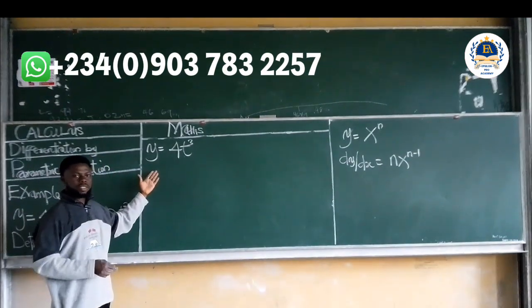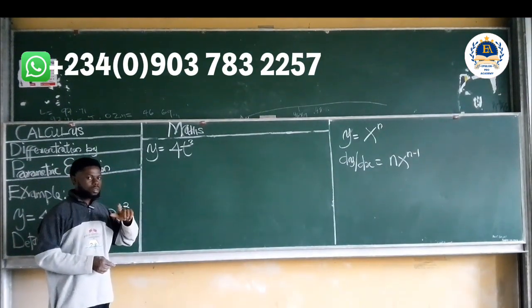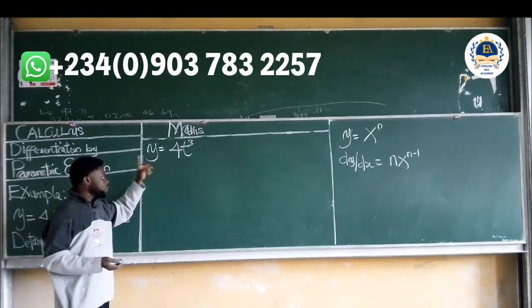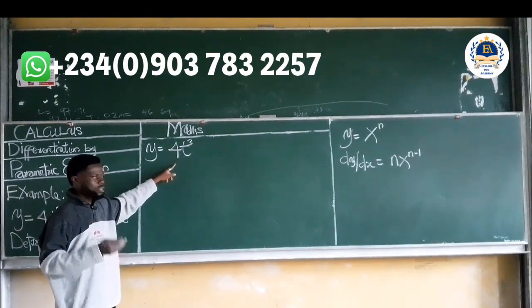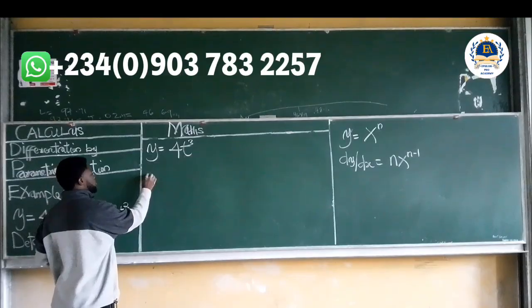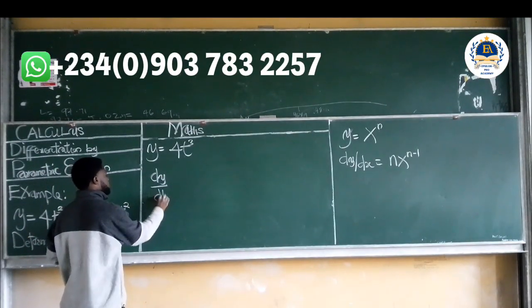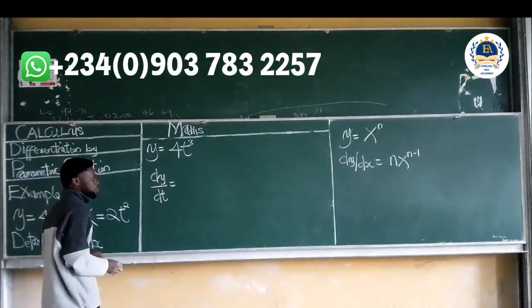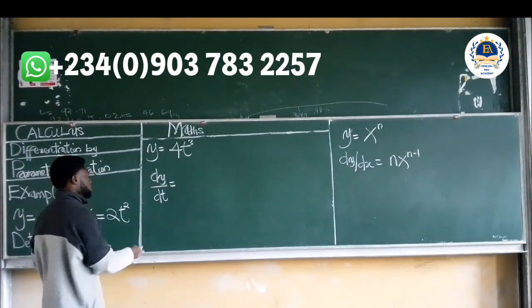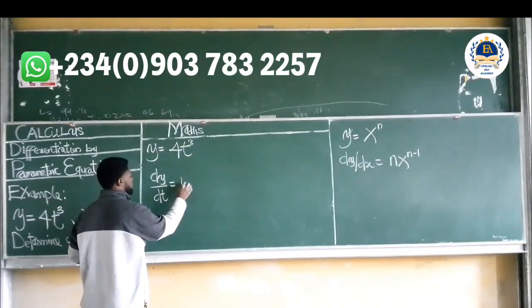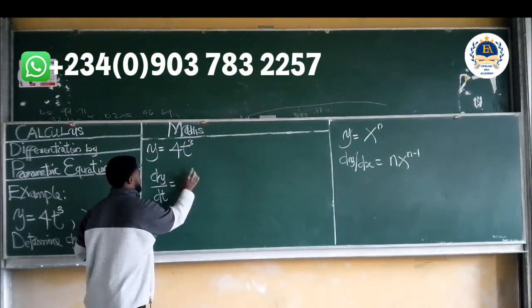The derivation of this function becomes dy over dt, not dx. So we have dy over dt, which is equal to, applying that principle, 3 times 4, which gives 12. Let me not omit any step.